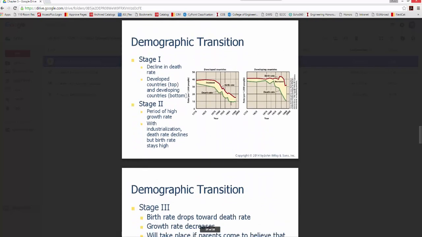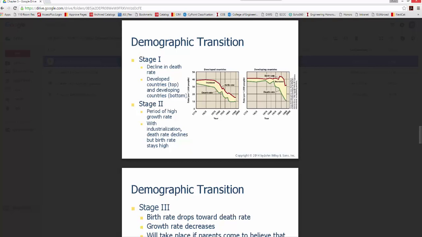So in developing countries, beginning in about 1925 going through to 1990, we've had increases in food production. We've had cleaner water. Some diseases have been managed better, and so we've seen a dramatic decrease in the death rate.